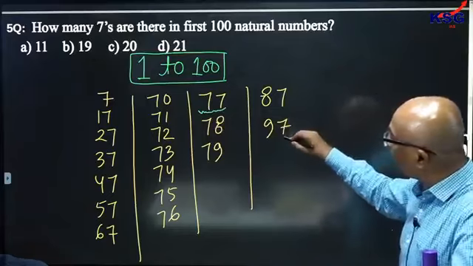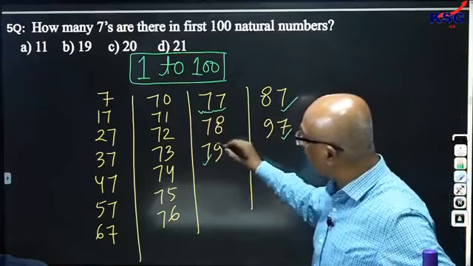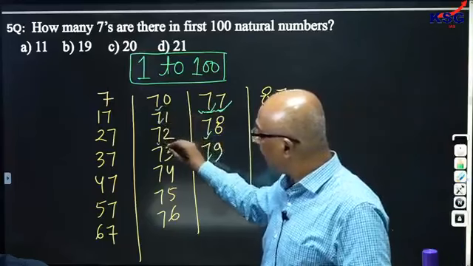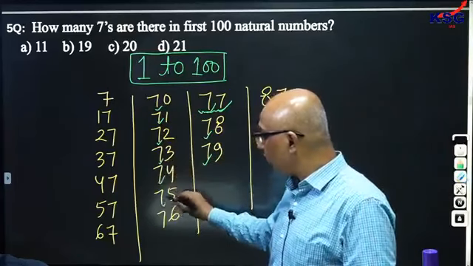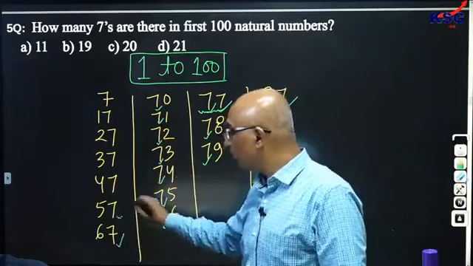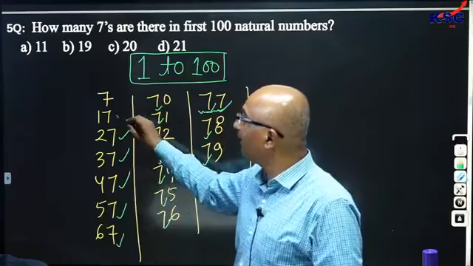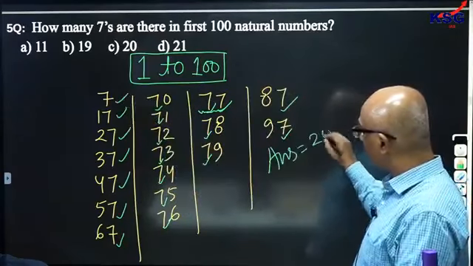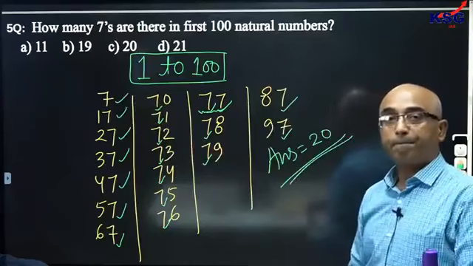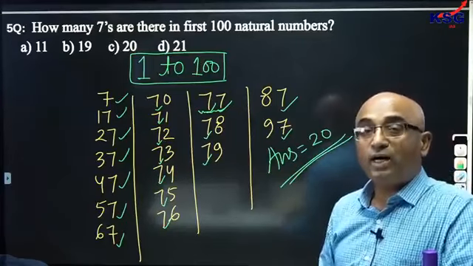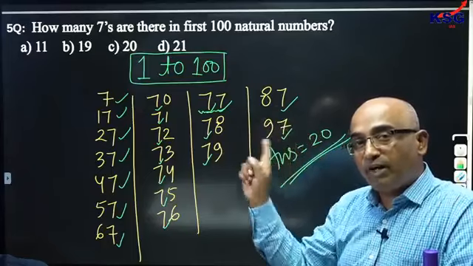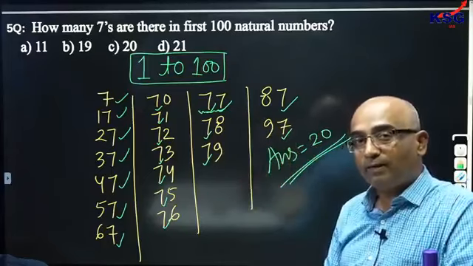So after counting 1, 2, 3, 4, 5, 6, 7, 8, 9, 10, 11, 12, 13, 14, 15, 16, 17, 18, 19 and 20. So the only correct answer is 20. Proper understanding will help you to answer properly.